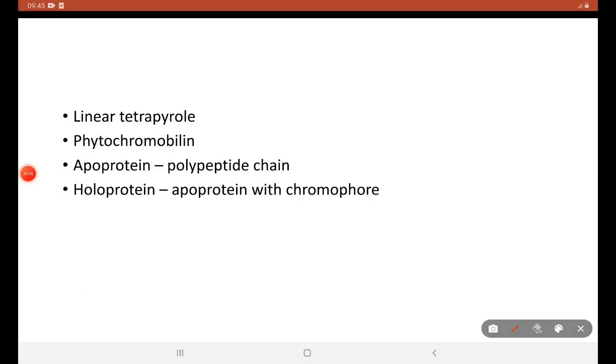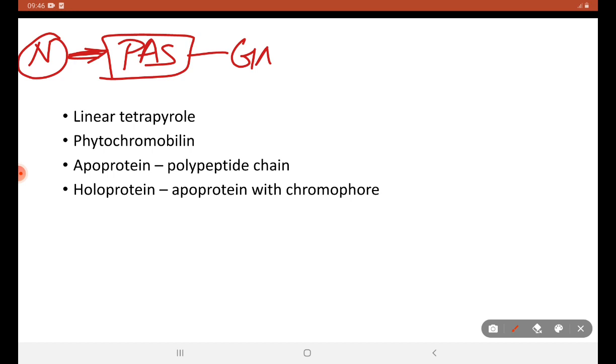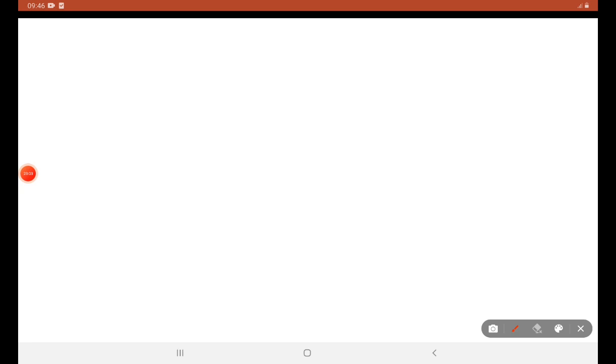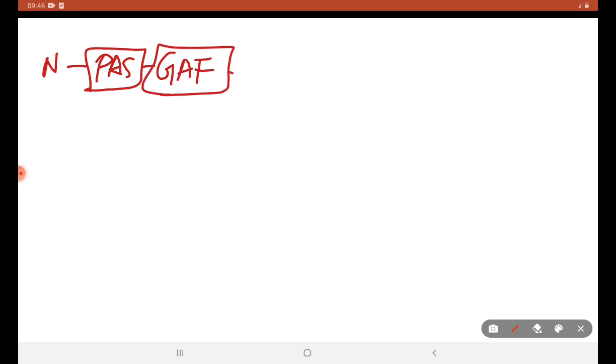Next, we have the tetrapyrrole ring in the phytochromobilin. Now let's draw what will happen in the N terminal and what will happen in the C terminal. In the N terminal, we have the PAS domain, GAF domain, and we also have the PHY domain.